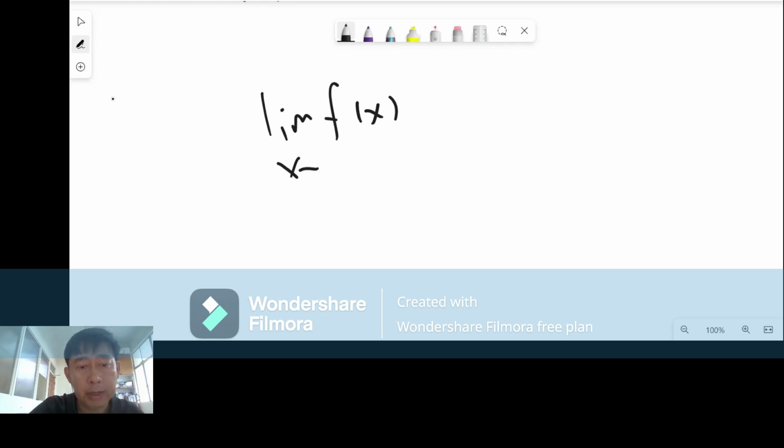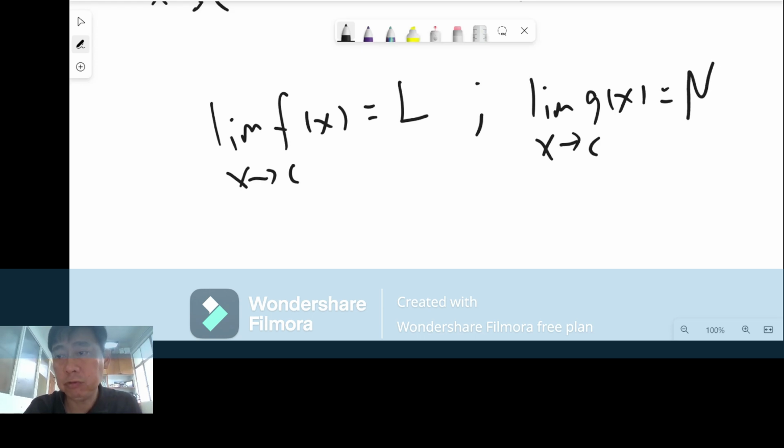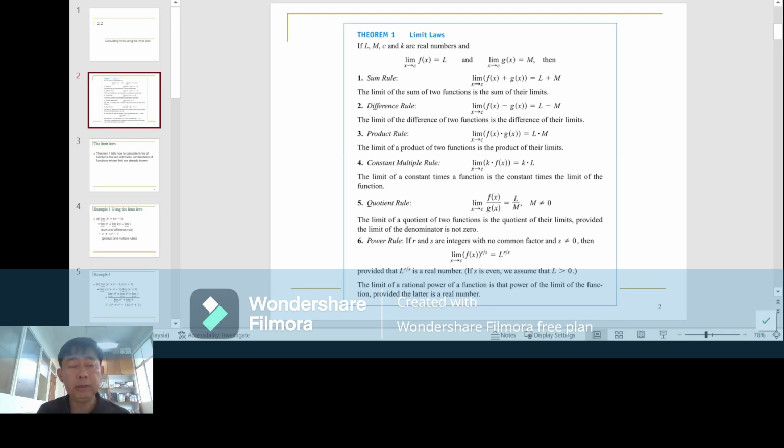Say when x tends towards the value of c, the limit of the function f is L, and you may have another function g. When x tends to c, the limit of g is M. So assuming the knowledge of the limits of functions f and g at c, then this theorem allows us to obtain the limit of another function which is comprised of the functions f and g.